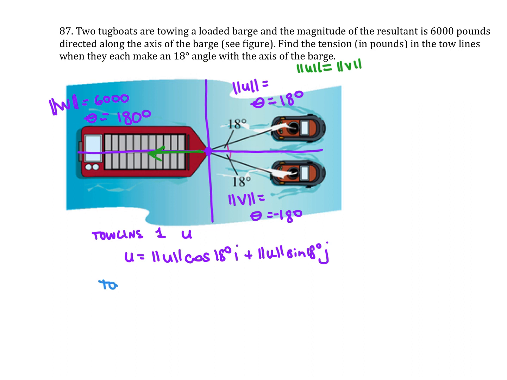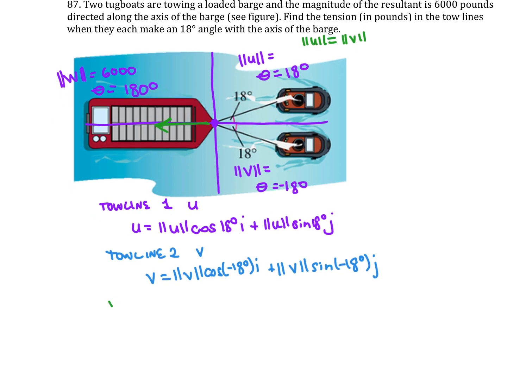Tow line 2 is vector v. V is the magnitude of v cosine of negative 18 degrees i, plus the magnitude of v sine of negative 18 degrees j.